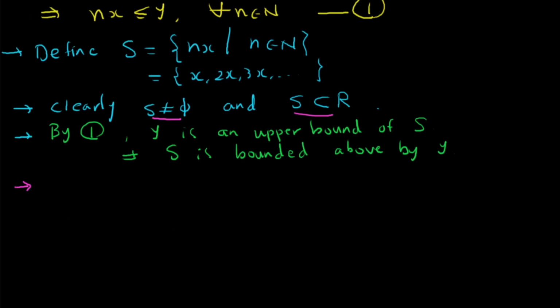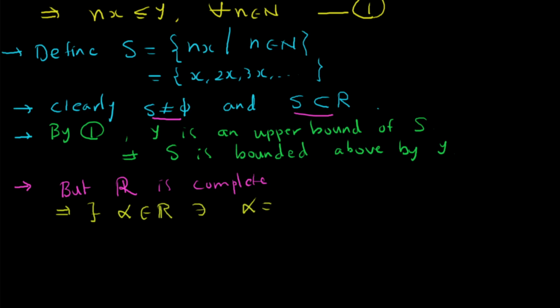So every subset of R which is non-empty and bounded above always has a least upper bound in R. So I can say, since R is a complete ordered field, there exists a least upper bound of S in R. So there exists a number alpha in R such that this number is the least upper bound of S.